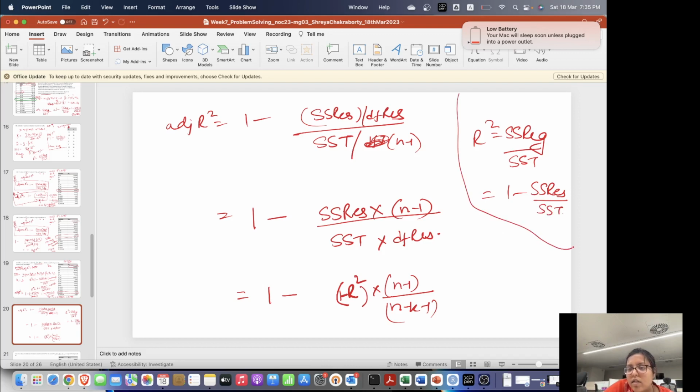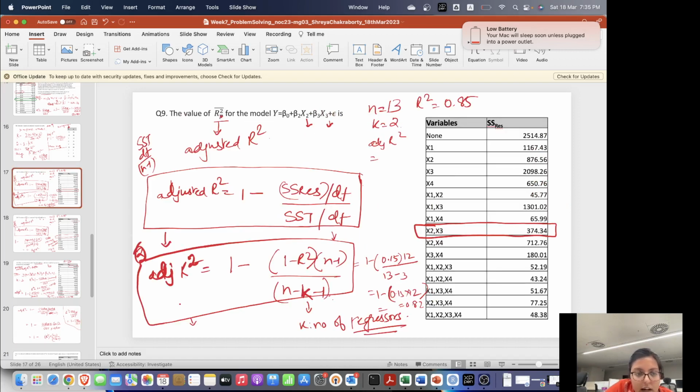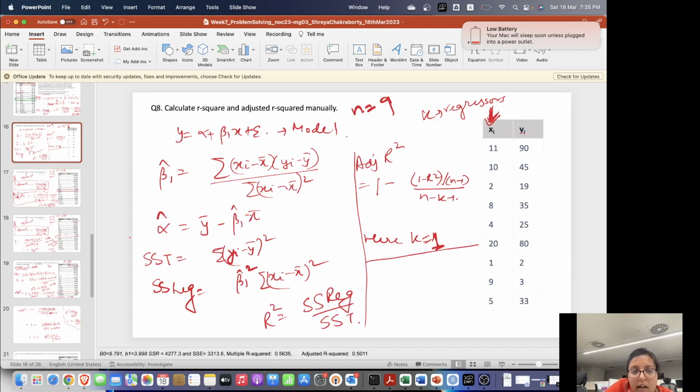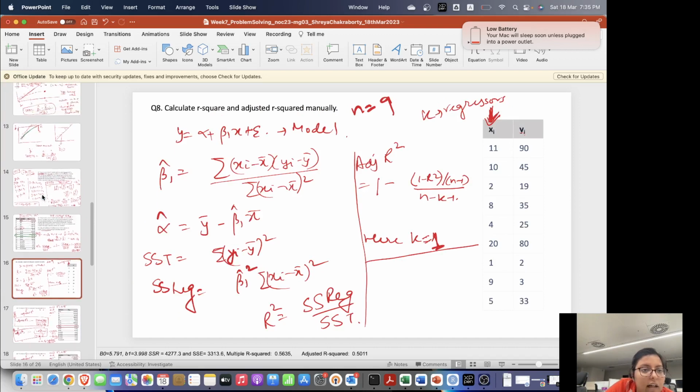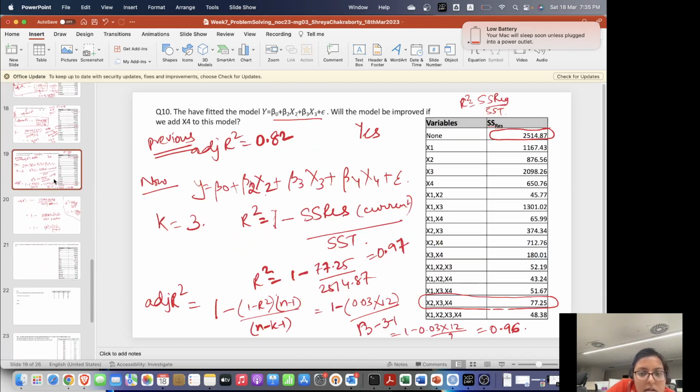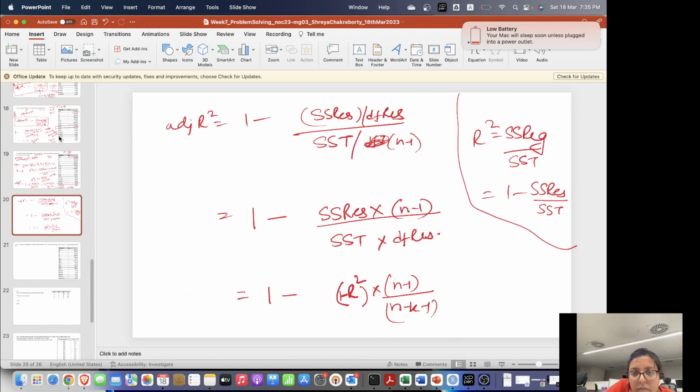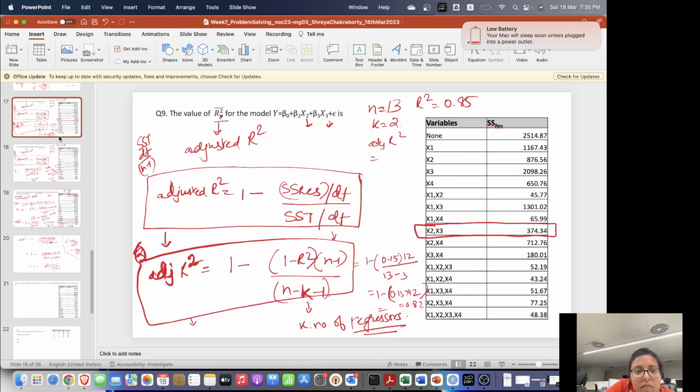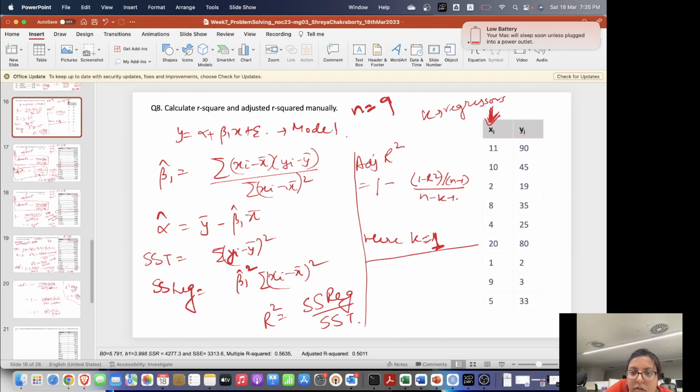Are you getting this? Is it understandable? Yes, ma'am. So in the previous one, in example 8, if I have written divided by, then that was wrong. I wrote 1 minus R square upon n minus 1. Okay. So here I wrote, oh okay, this is wrong.